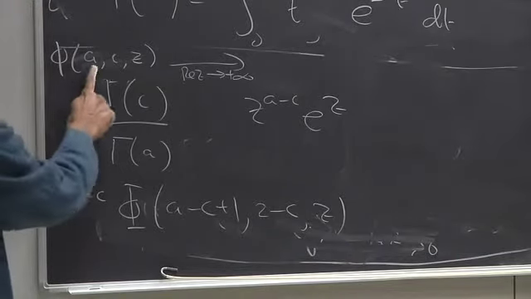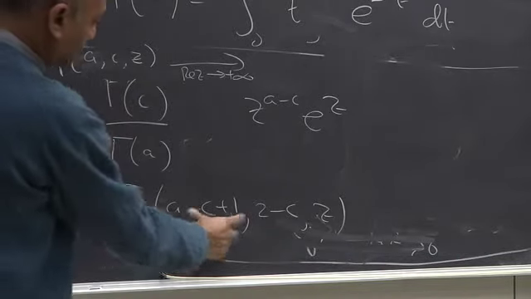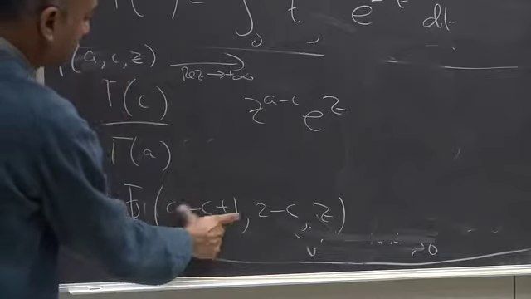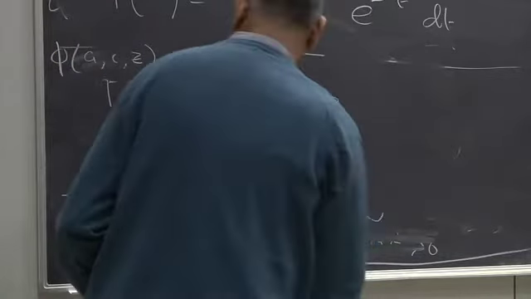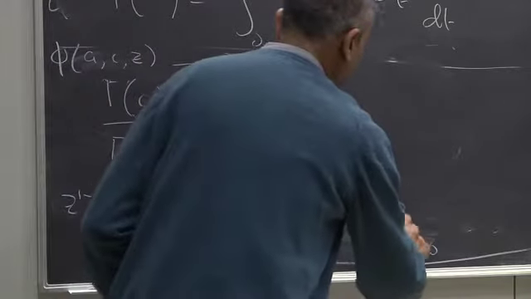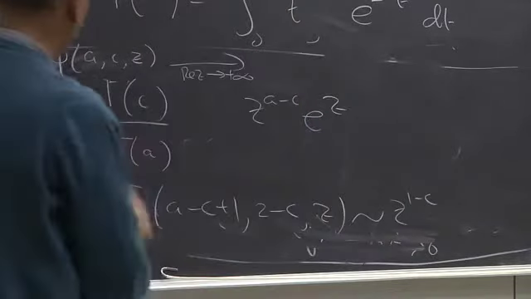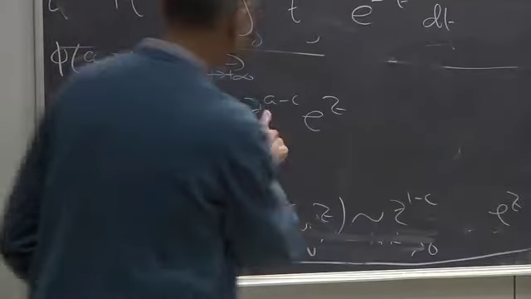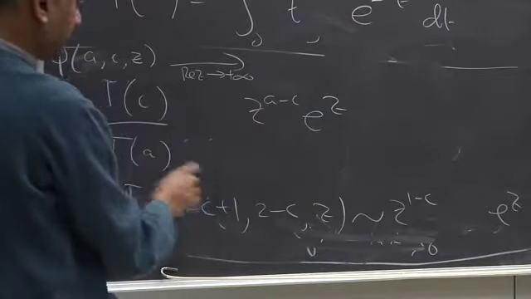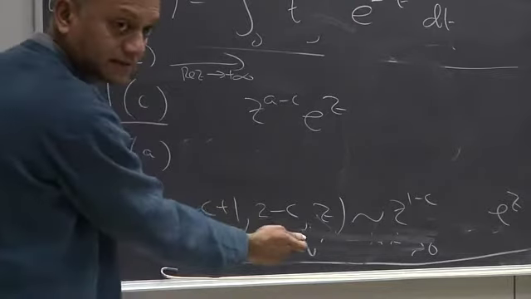Well, this was for arbitrary a and c, right? So instead of a, we just take this, and instead of c, we just take that. So this will behave like, okay, there's a z to the 1 minus c, and then e to the z, of course, and then z to the power of a minus c. But a now is that and c is that, right?